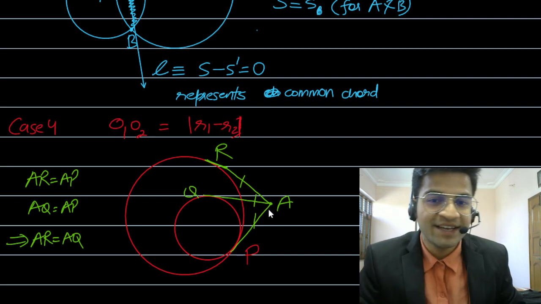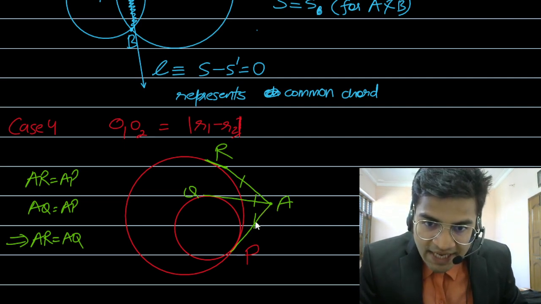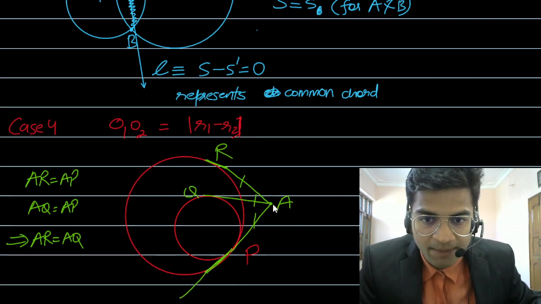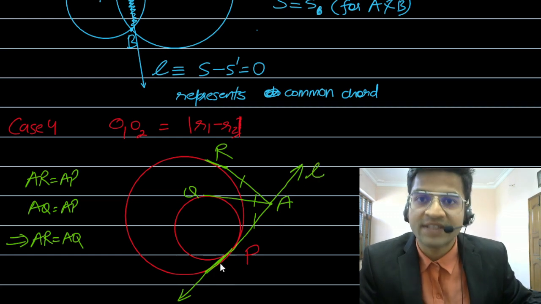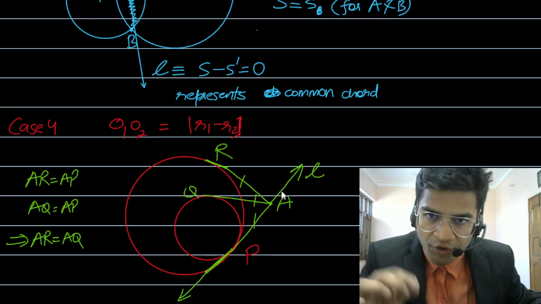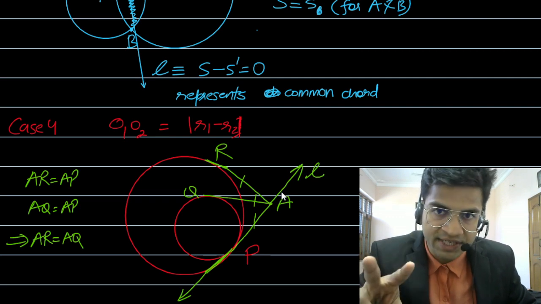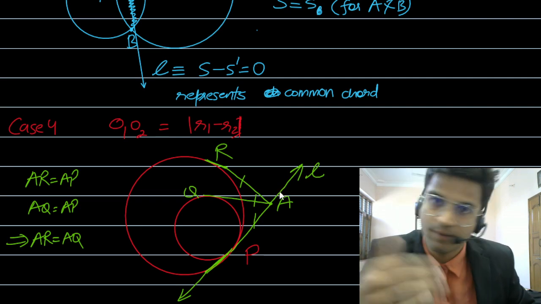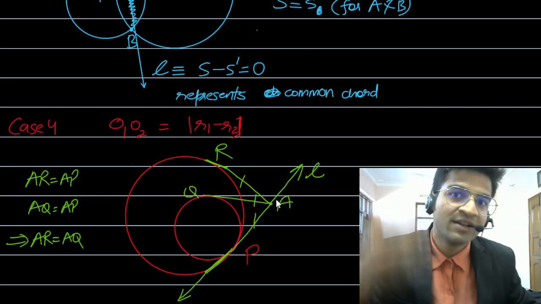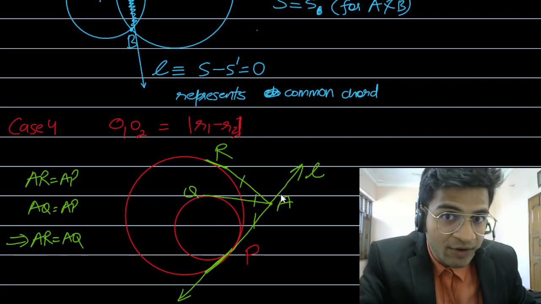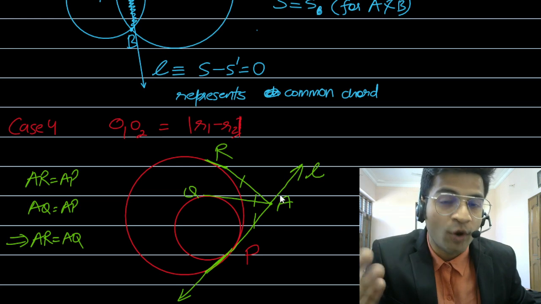And what we can see, you take any point on this line AP, or if we extend this line AP, you take any point on this extended line, you can draw two tangents to these two circles that will be equal in length. And this line L over here is a common tangent, but what kind of common tangent?